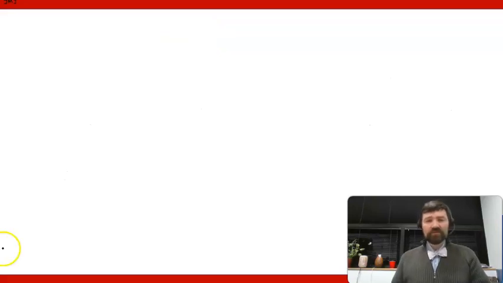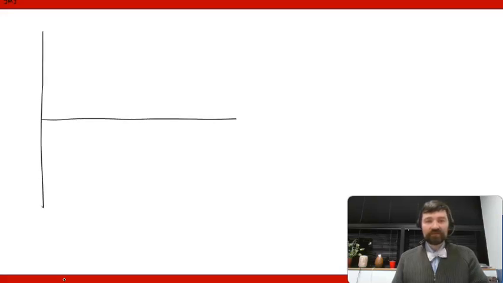Now, there's two ways of looking at this. One is to just jump straight into the equations, and the other is to make a graph. So suppose that I wanted to plot the position versus time for some motion. Maybe this axis is my time axis, this axis is my position axis. What would it take to have a constant velocity? And for that matter, how is velocity related to this graph?